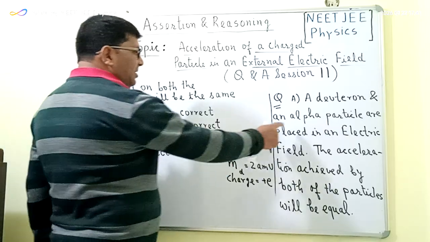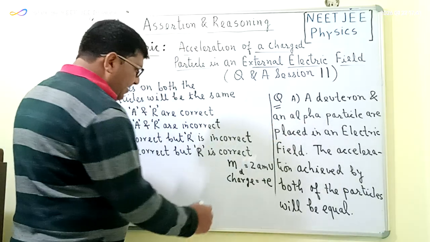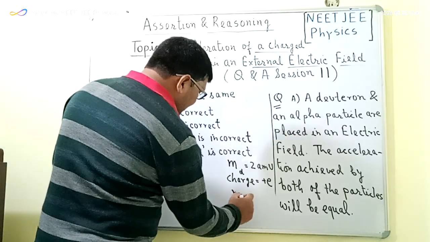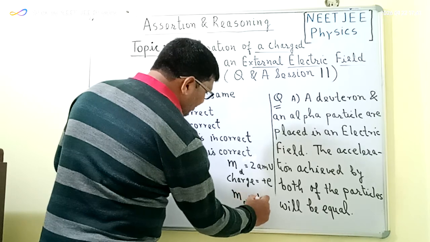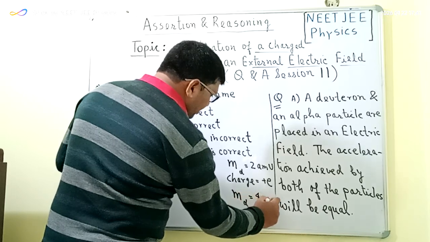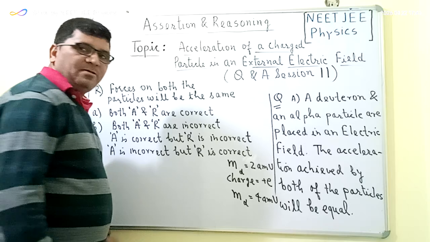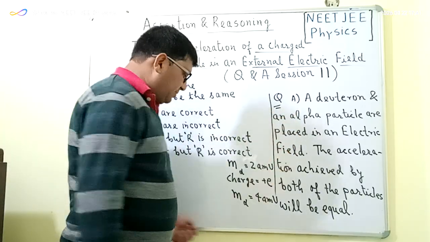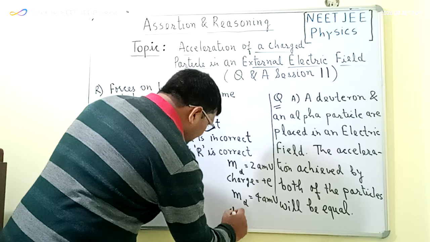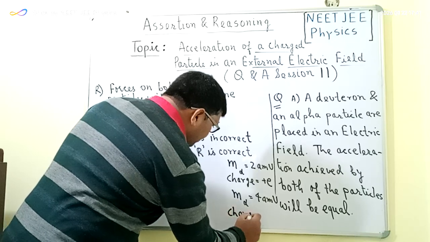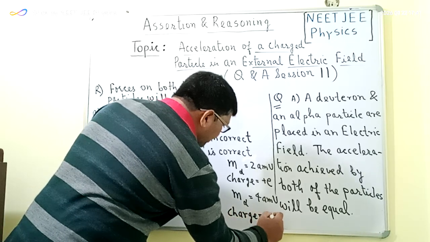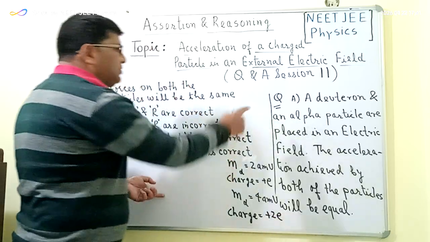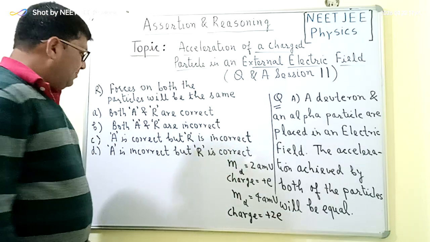Now let us come to the alpha particle. The mass of the alpha particle, let us say m alpha, is equal to 4 atomic mass unit. Alpha particle is basically a helium nucleus which consists of 2 protons and 2 neutrons. And the charge on the alpha particle is equal to plus 2e. So both these two particles are positively charged.